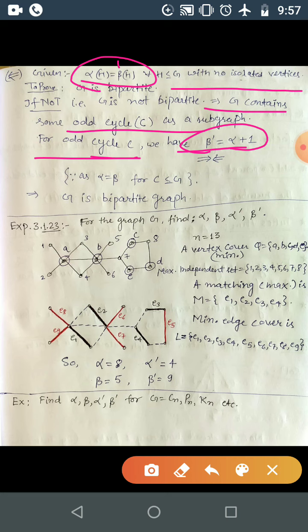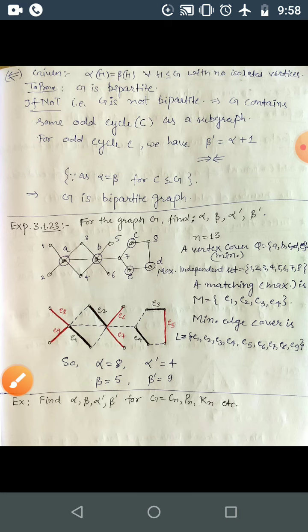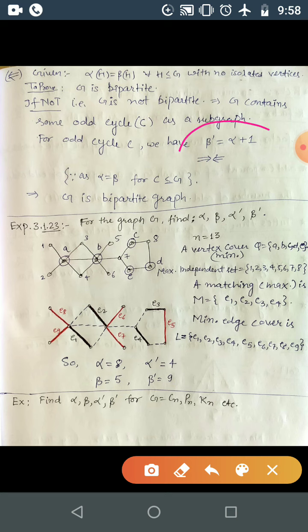So alpha is equal to beta dash for all the subgraph C. This is given, so this is happening for C as well, because C is a subgraph of G. This means we have got a contradiction. Beta dash should be equal to alpha, but we are getting alpha plus 1 because of the odd cycle.